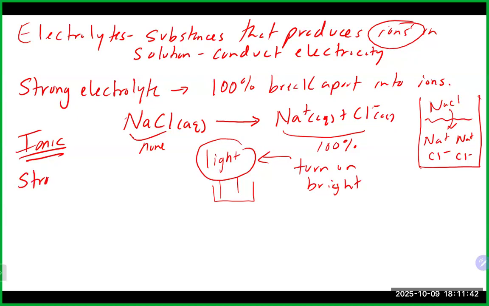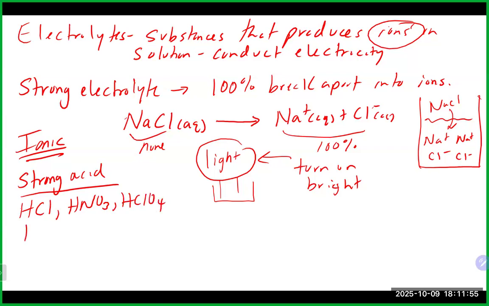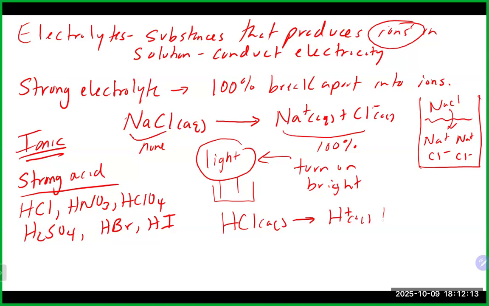Strong acids are also strong electrolytes, and the 6 major strong acids are hydrochloric acid, nitric acid, perchloric acid, sulfuric acid, hydrobromic acid, and hydriodic acid. So that's your 6-pack of strong acids. For example, if you had a hydrochloric acid solution, it is going to completely break apart into H+ and Cl-.